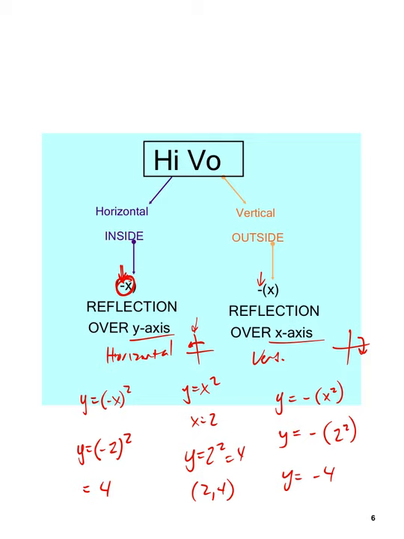So now we've changed the y value from 4 down to -4, whereas here we change the x value from 2 over to -2. So we're applying that negative inside, and that gives our reflection over the y, versus the negative out front with the reflection over the x.